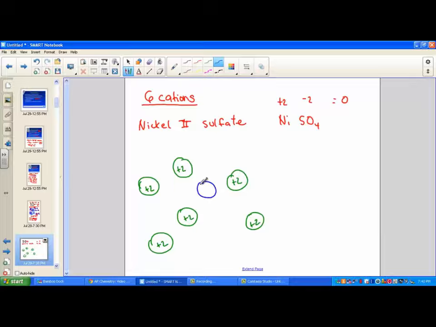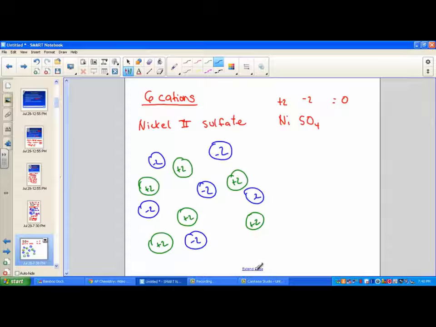So I'll place one here, 1, 2, 3, likes would repel, so 4, 5, 6. This represents a random dispersion of the separated nickel ions from the sulfate ions.